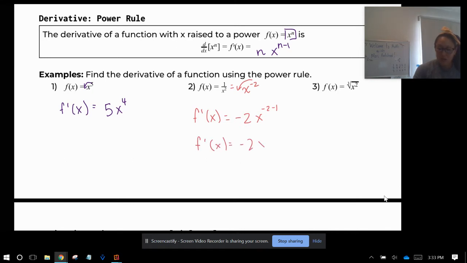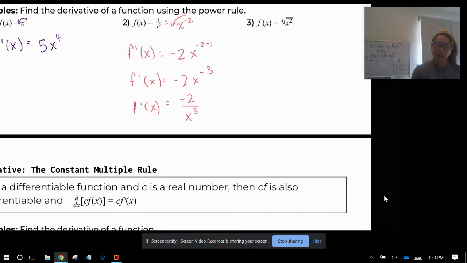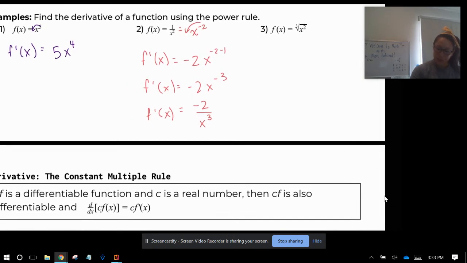That is negative 2x to the negative 3, which is equal to negative 2 over x to the third power. So f prime of x, the derivative of f, is negative 2 over x to the third power.